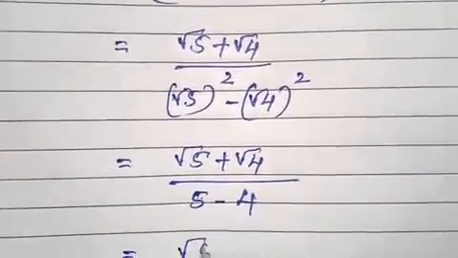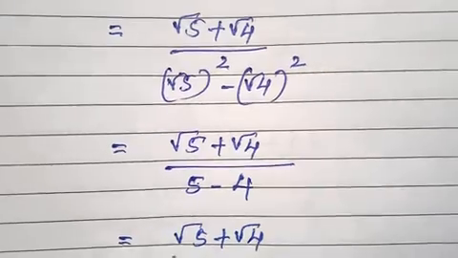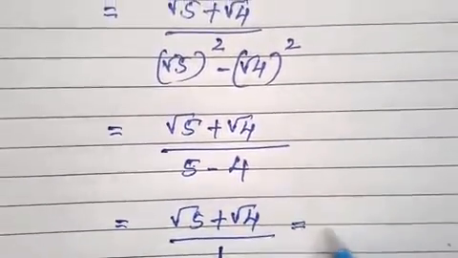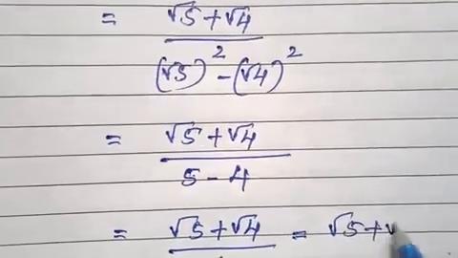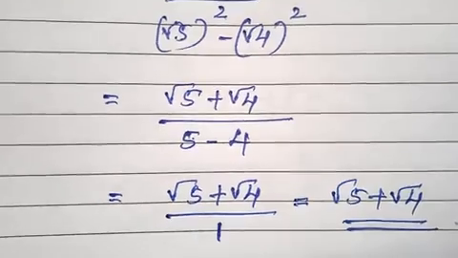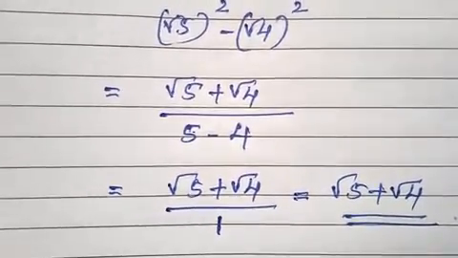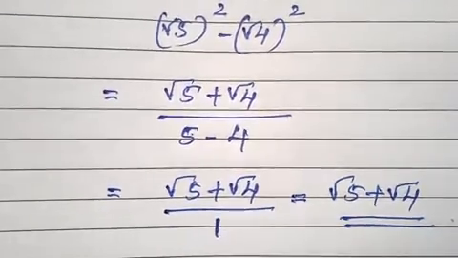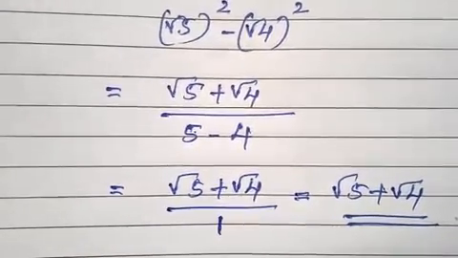And then root 5 plus root 4 in the numerator. 5 minus 4 is 1. So the final answer is root 5 plus root 4. Understood? First of all, we should take the conjugate of the denominator and multiply both numerator and denominator with the conjugate. Then we apply the identity and then we will get the final answer. Understood?